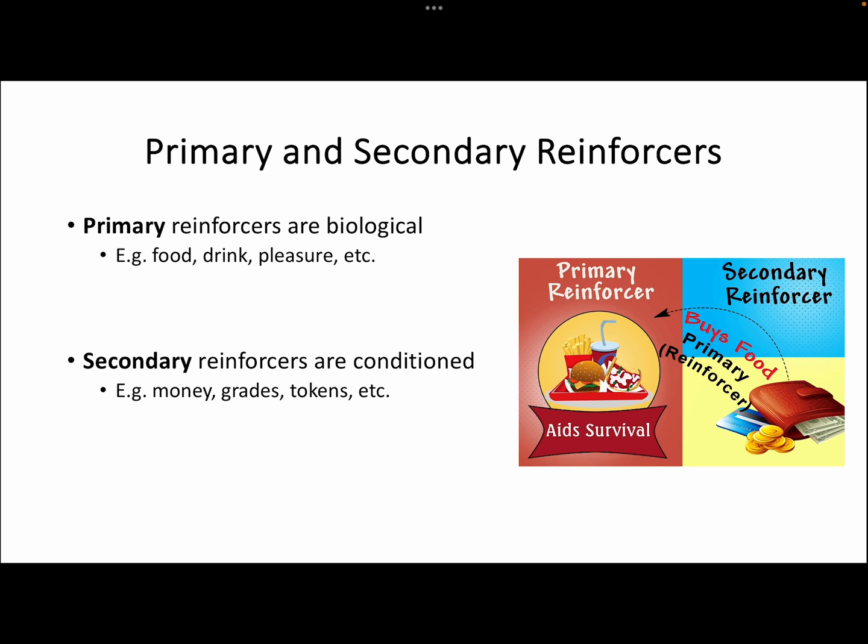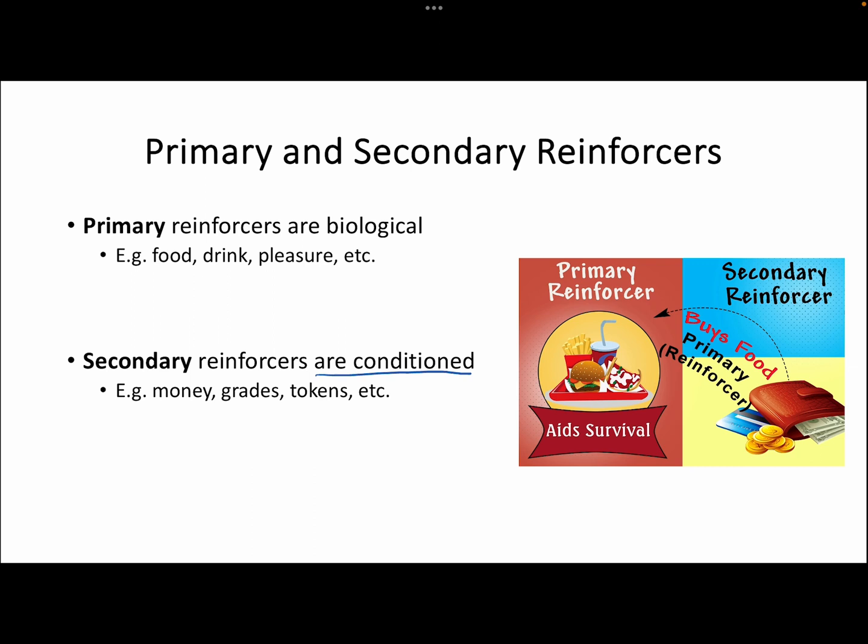Secondary reinforcers, these are in themselves not inherently rewarding. They don't actually have any meaning or innate rewarding properties. The reason that they are reinforcers is because we've learned to associate them. We've conditioned their association with something else that is inherently rewarding.